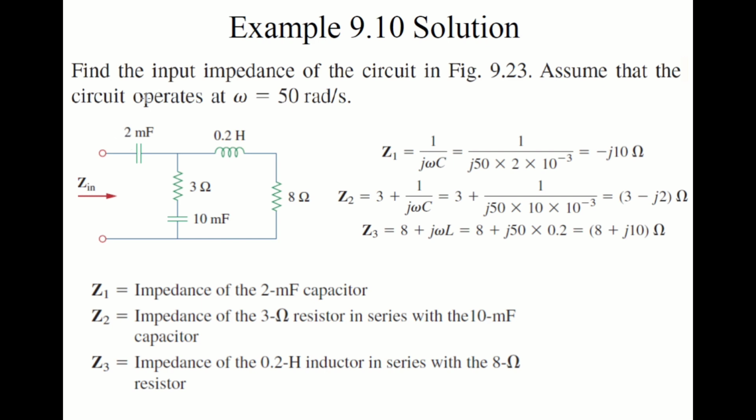Z1 is the capacitor over here, Z2 is the 3 ohm and the 10 millifarad capacitor, and Z3 is the inductance and the resistance over here. For Z1, we can use the equation 1 over jwC. So we get this value. And Z2 is over here.